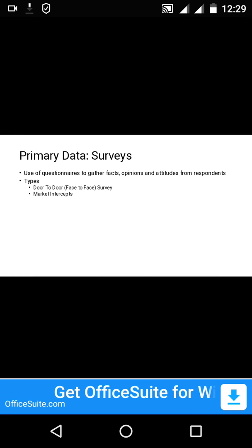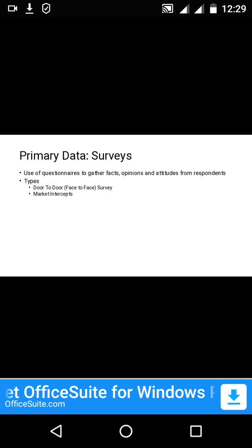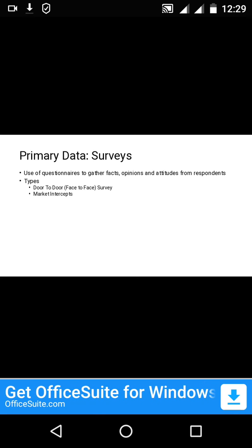Suppose you are doing a research in Pithoragarh, conducting a survey in Pithoragarh, and you have to find out how many chocolates a family consumes every month. Which of these two methods of survey is going to be more efficient for you?